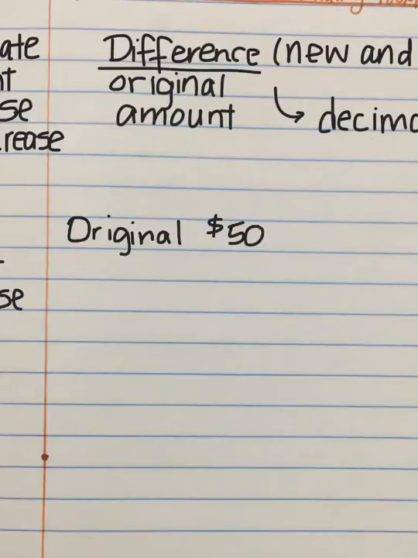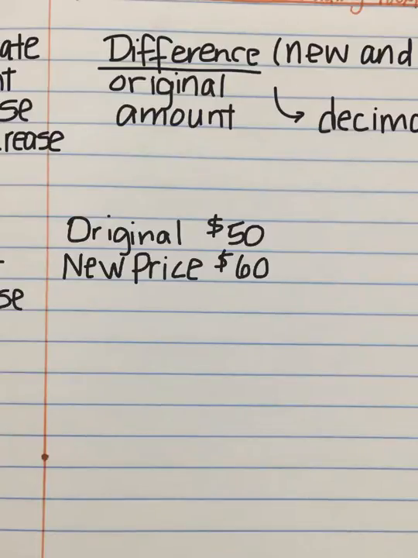Then you go back to the same store and you notice that they have the same item, but this time with a new price, and the new price is $60. The first thing we want to determine is: is this an increase or decrease?